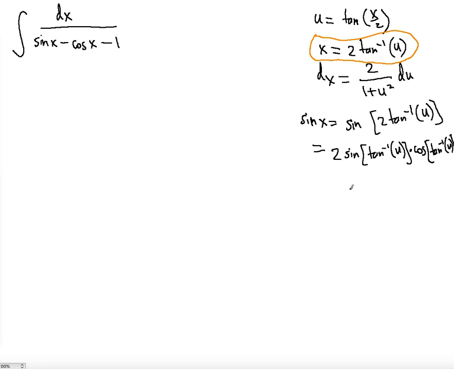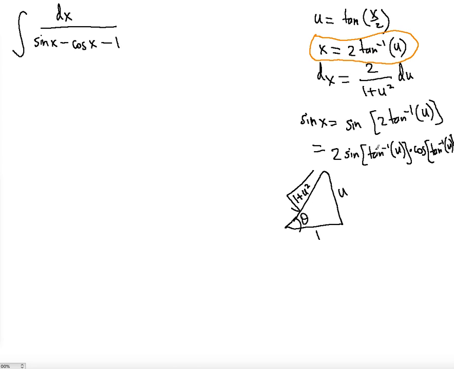So now how do you find the sine? Arctan u means angle whose tangent is u. So suppose this is the angle, the tangent will be u over 1, opposite over adjacent. This side, using the Pythagorean theorem, must be square root of 1 plus u squared.